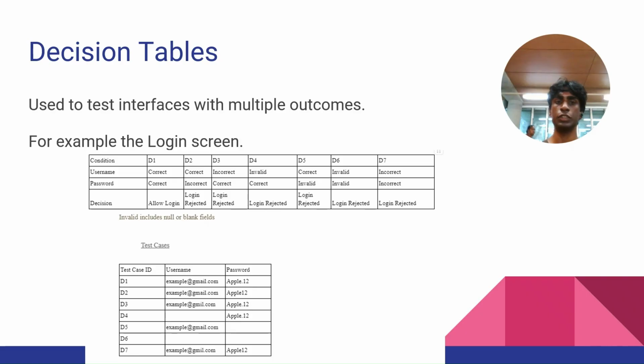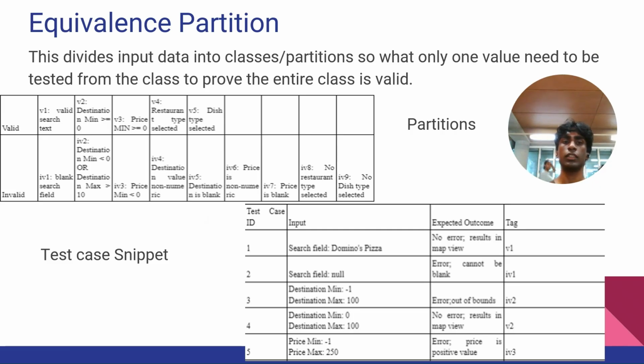The next strategy we used was equivalence partitioning. If you're given a form, you have a list of fields. You can have valid inputs for those. For example, you have valid search text. For the field where the minimum destination, a valid input could be greater than 0. Same thing with price, it could be greater than or equal to 0.